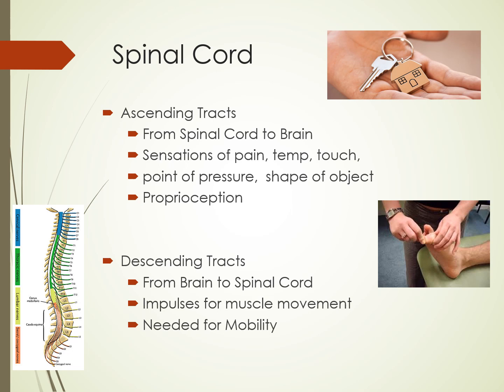So they don't know where in space their body is. So that, in part of a spinal cord deficit, can be lost. Right. Then our descending tracts from the brain to the spinal cord. These are impulses for muscle movement and needed for mobility.